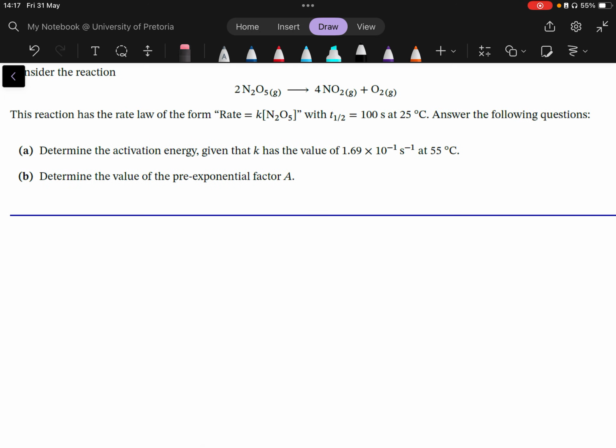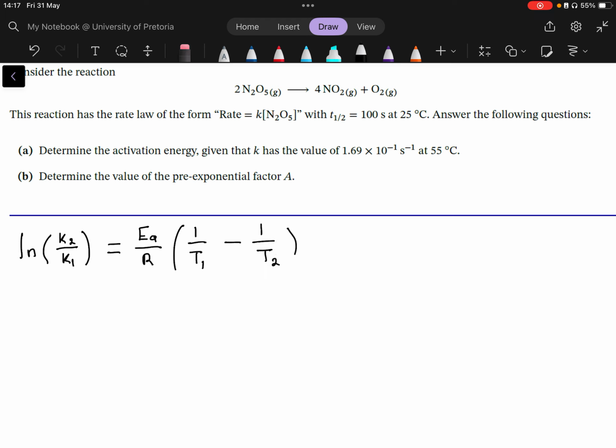Well, we can use the fact that ln of the ratio of two k values is going to give us some relationship to the activation energy. And then we can use those two at the different temperatures to calculate the activation energy. So the rate constants at two different temperatures can help us calculate the activation energy.